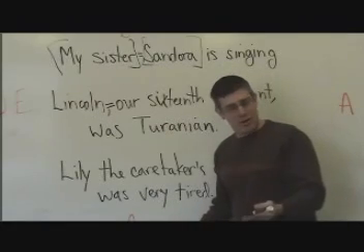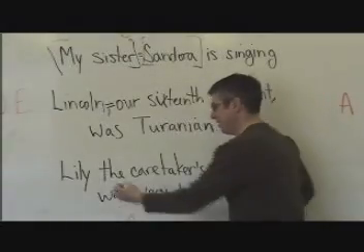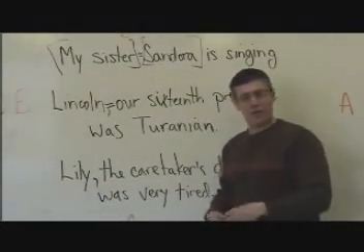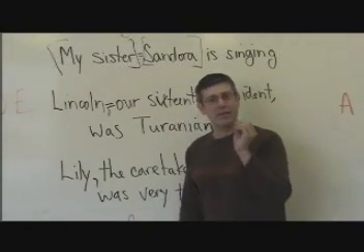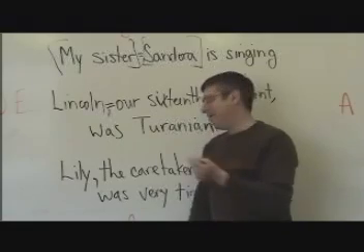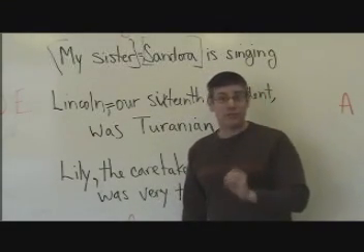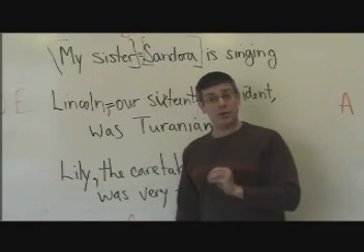But that would be a very unusual situation, and normally, indeed, you would punctuate it this way, because if you begin a story that says Lily, the caretaker's daughter, there's only one Lily in play, and the caretaker's daughter is going to be a non-restrictive appositive, and therefore is going to be set off with commas.